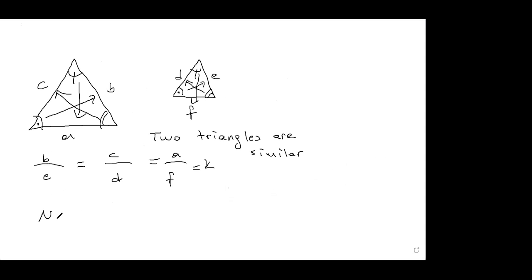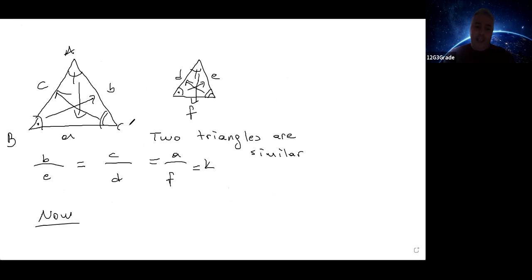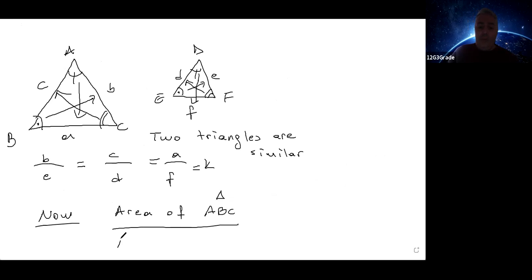Now, if I call this ABC, and if I call this DEF, now be careful. Area of triangle ABC over area of DEF is always equal to K to the power of 2.